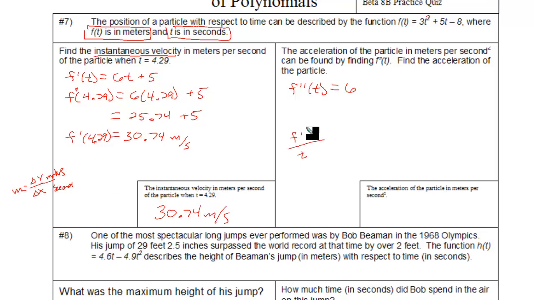F prime is measured in meters per second. We figured that out. T is measured in seconds. That's why this says meters per second squared. To fix this complex fraction, you multiply by the reciprocal, and you're multiplying s times s, you get s squared. 6 meters per second squared.